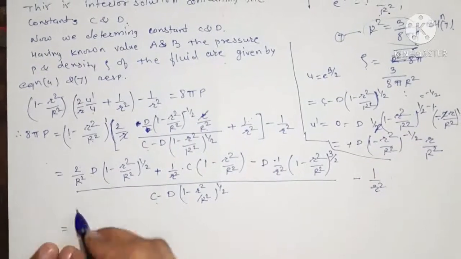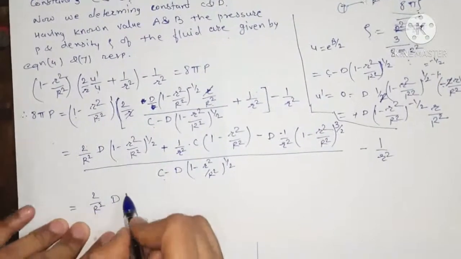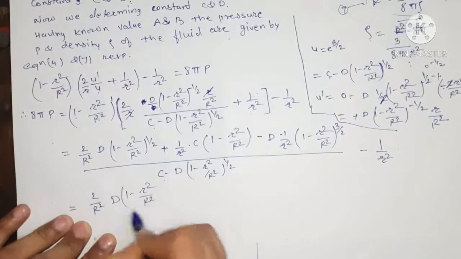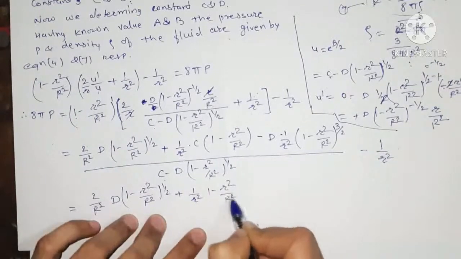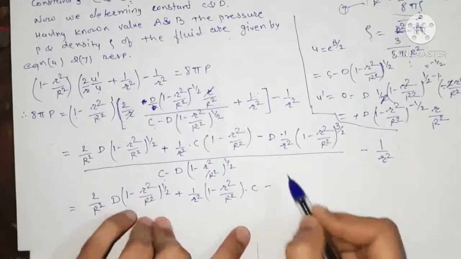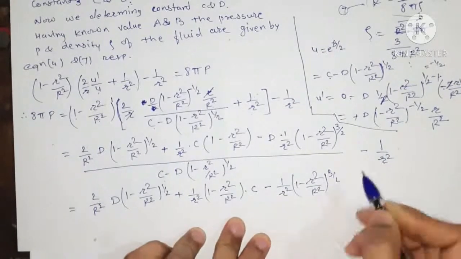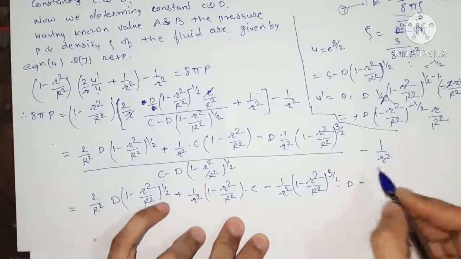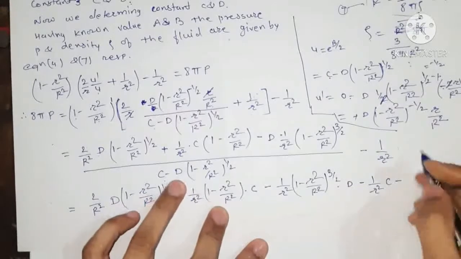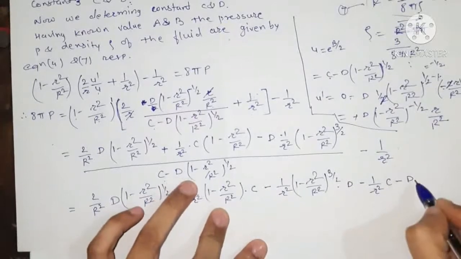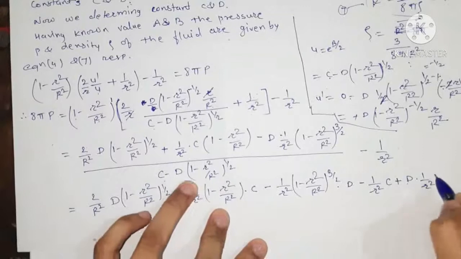So this is written as 2 upon r square, okay, 2 upon r square d into 1 minus r square upon capital R square to the power half plus 1 upon r square (1 minus r square upon capital R square) into, we are taking c as here, minus 1 upon r square (1 minus r square upon capital R square) to the power 3 upon 2 into d minus 1 upon r square, this minus 1 upon r square we multiply this to c minus d, that is d into 1 upon r square, this minus minus gets to be plus d 1 upon r square.